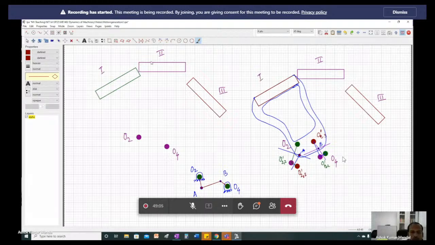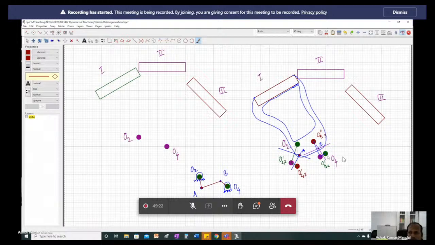With respect to position 2 you have O2, O4 here. Then copy it and merge it with position 1 and see where O2 and O4 fall. Repeat the same process for the third case.